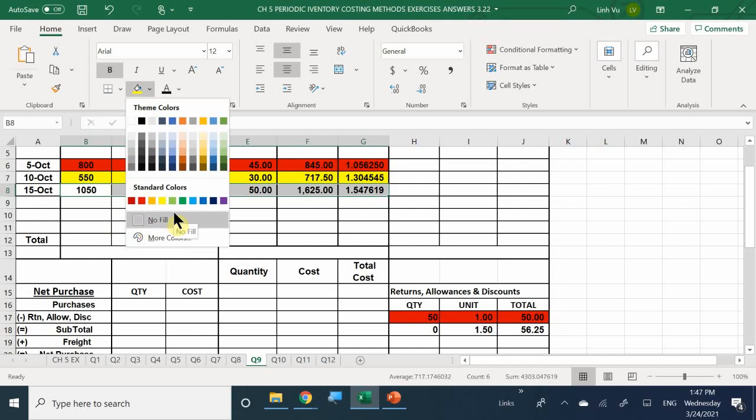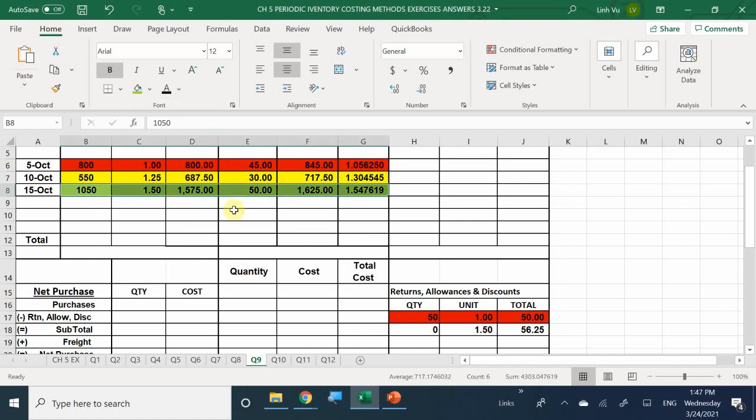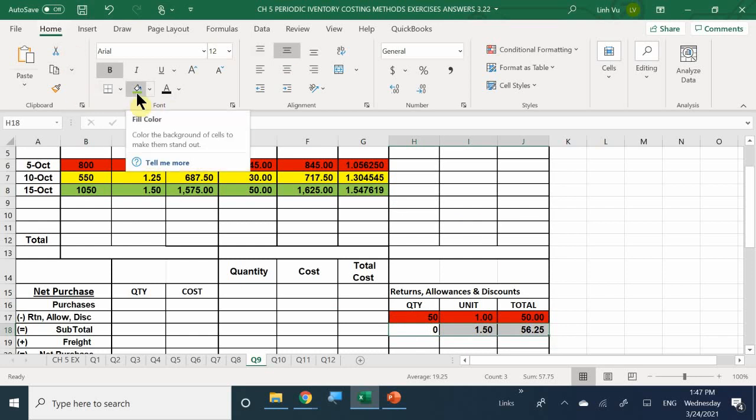You'll see why once we get to the very end. So I'll make this one green. And then of course we made a return for that green batch right there. So at least we have a reference here that these two belong to each other. Excellent. So then I have a return for $56.25.